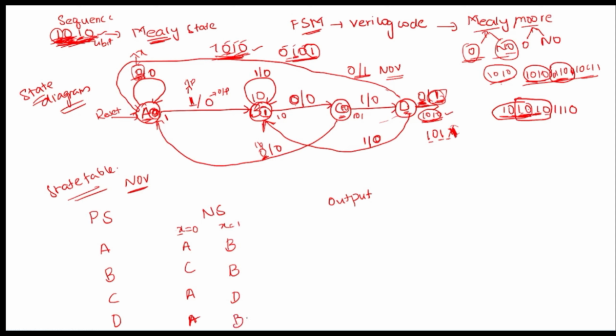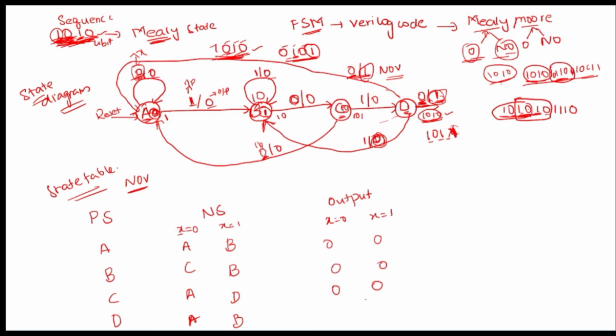And if it is not 0, that means if it is 1, then it is going to B state. Coming to the output, for x equal to 0 and x equal to 1: here, if x equal to 0 there is a change in output, but all the other outputs are 0 only. When will the output be 1?